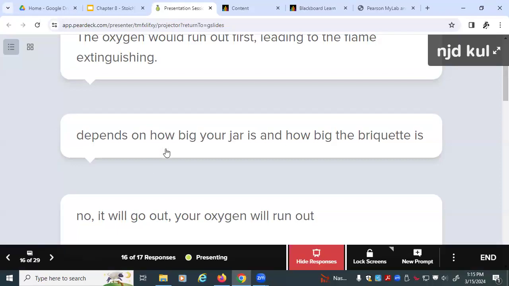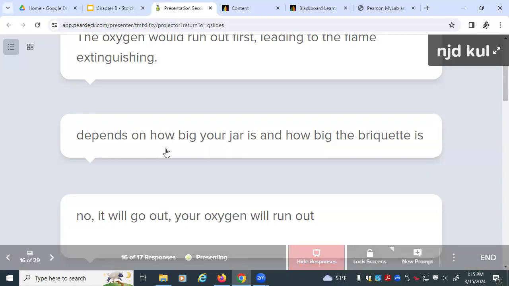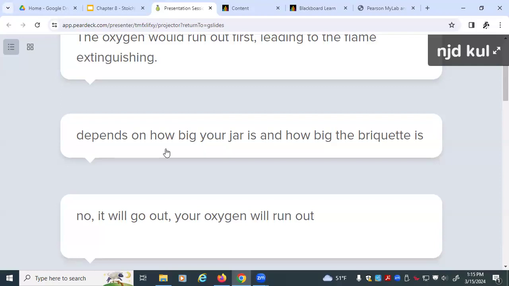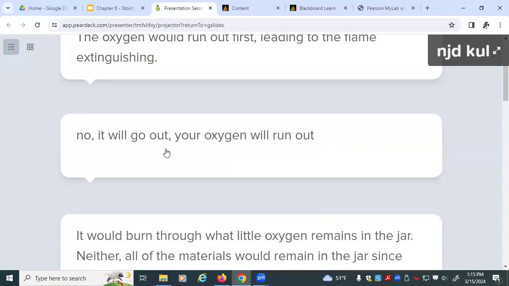All right, if this is your answer, that it depends on how big, I like what you're thinking. You are correct. But let's make some assumptions here. Let's say that we're talking about just a standard size glass jar and a lump of charcoal like what you would get in a bag of charcoal for your grill. Let's work on those assumptions. Absolutely right, though.